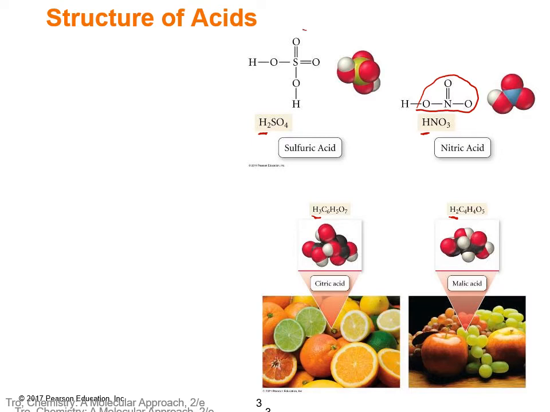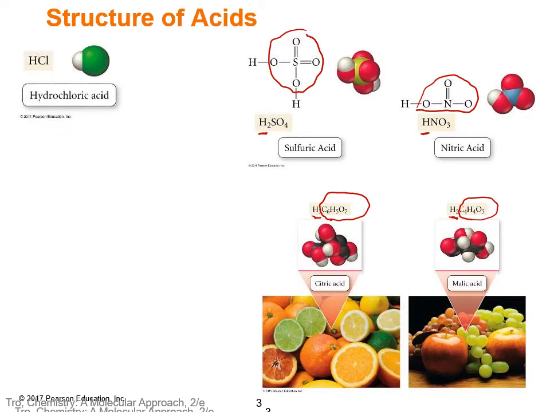In sulfuric acid, our polyatomic ion is the sulfate, and the hydrogen makes it acidic. Those polyatomic ions are negatively charged, so they pull the electron density away from the hydrogens, making them able to dissociate away from the ion. Same with the citric acid and the malic acid, but our polyatomic ion gets a little bit larger in these cases.